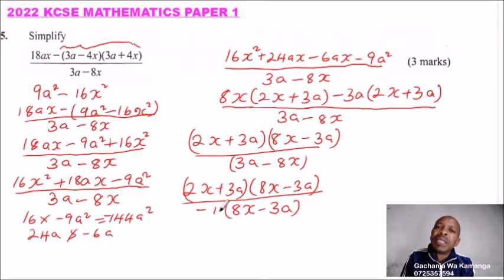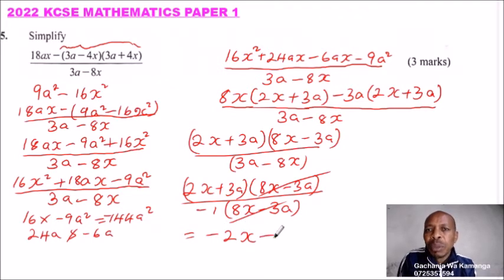We have not changed, because if you open the bracket, it will be minus 8, and this will be positive. So we can now eliminate that, multiply this by minus 1. So it means that we will be left with minus 2x, and this will also be minus 3a. And that is how you simplify that.